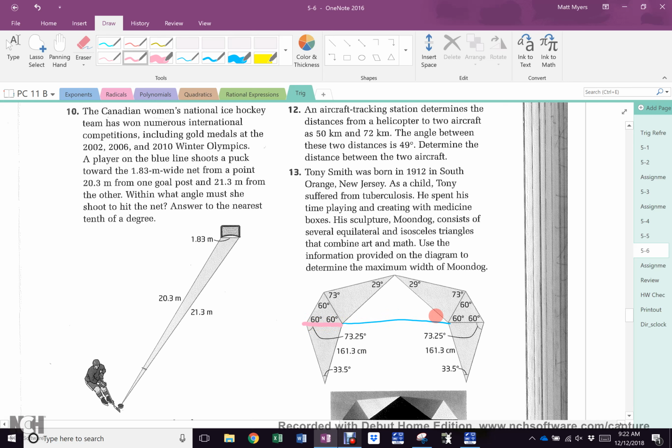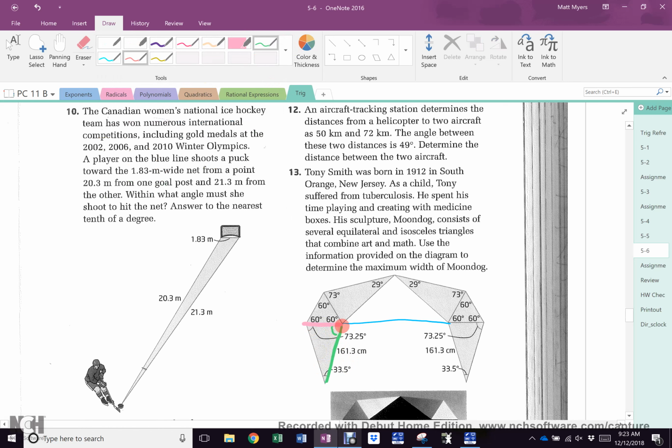Okay, so where do I have some numbers? I know the only distance, I should change color. The only distance I have is this, correct? I know that this is 33, this is 73, so do I know this angle? I do, don't I? What is it?